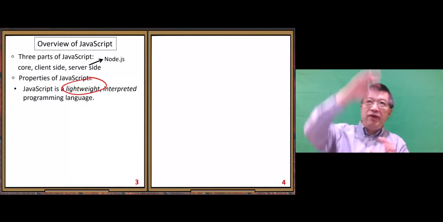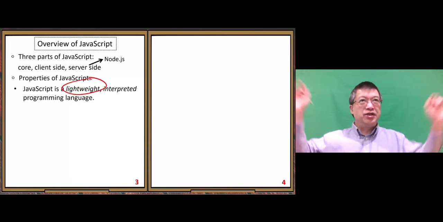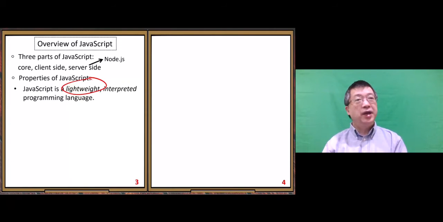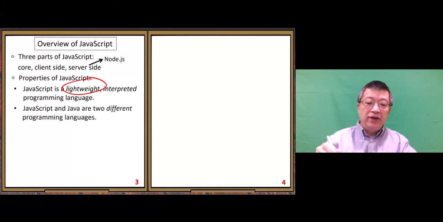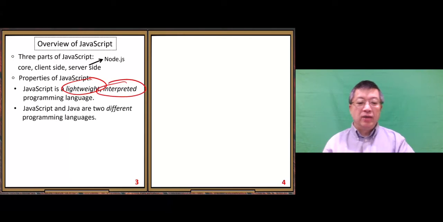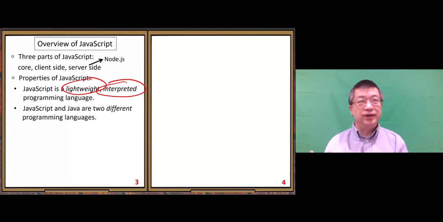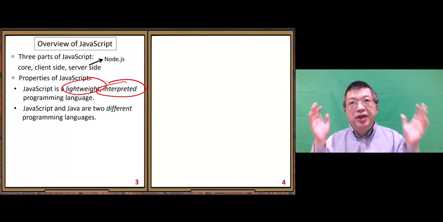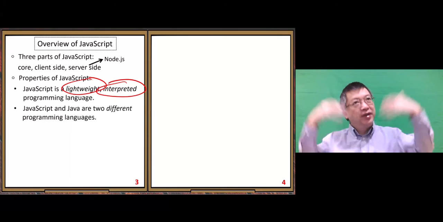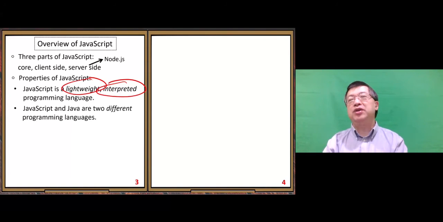Not a heavy, big processing. Although, if you like, you can do that, but it is not very common. Another thing, it is an interpreted programming language. We do not compile JavaScript code. The web browser will interpret it, translating to machine language directly without compilation.